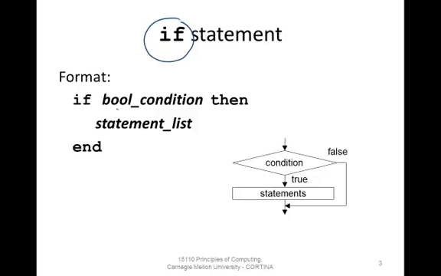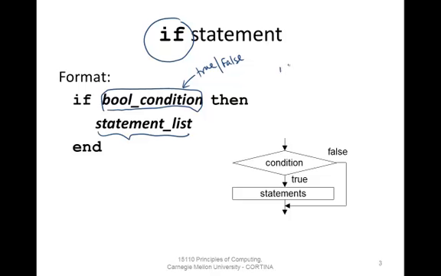An if statement takes a Boolean condition, that is a condition either true or false, and then if it's true, it's going to do this. Now in this particular example, we don't really talk about what happens if it's false, but we only care about what happens if it's true.